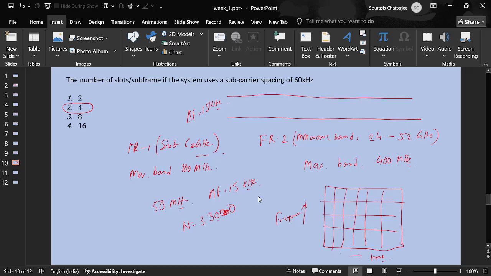Why are there only 14 symbols in a slot? Sorry, I cannot hear you, can you repeat once? Why only 14 symbols are in a slot? Because your slot duration, what does it depend on?